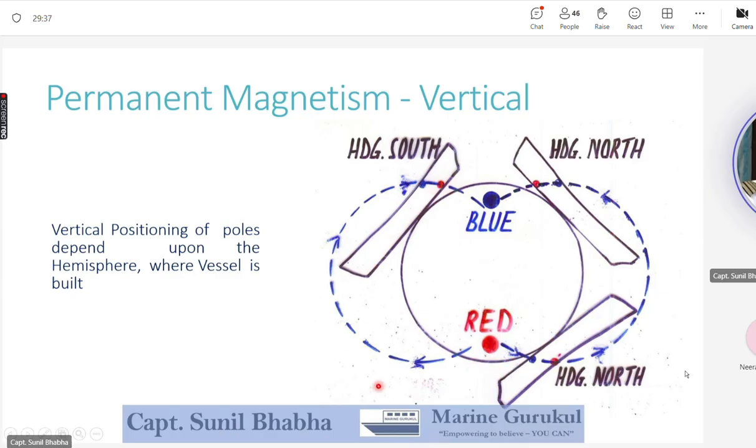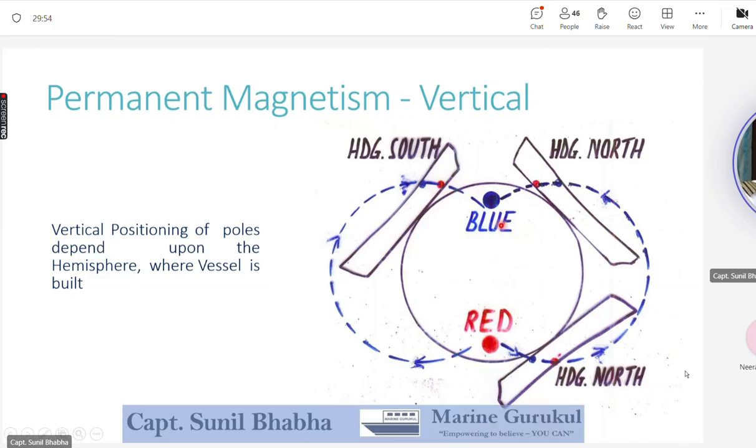And you see the dotted line also representing the magnetic field lines of the Earth. You can see from the red pole the lines are coming out and the lines are re-entering into the Earth's surface at the blue pole.